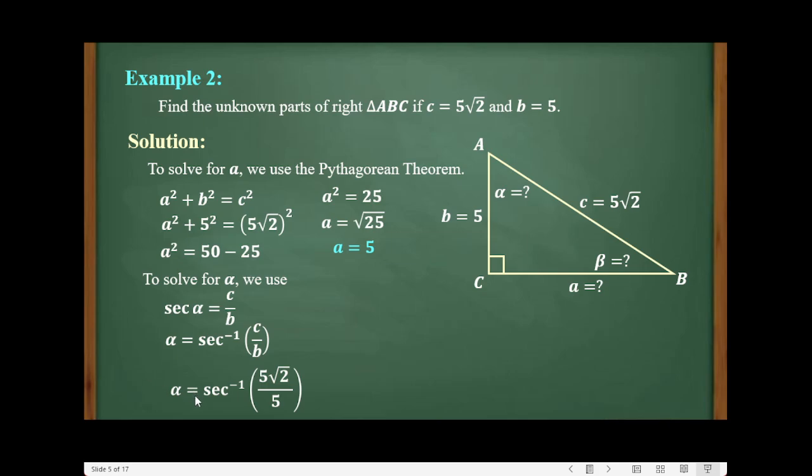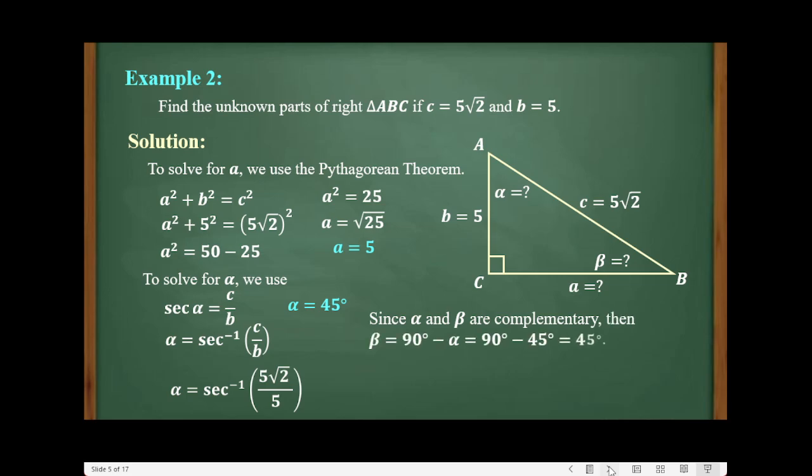So arc secant of 5 square root of 2 over 5. If we simplify inside the argument, that will give us square root of 2. And the arc secant of square root of 2 is actually 45. So the measure of angle alpha is 45 degrees.